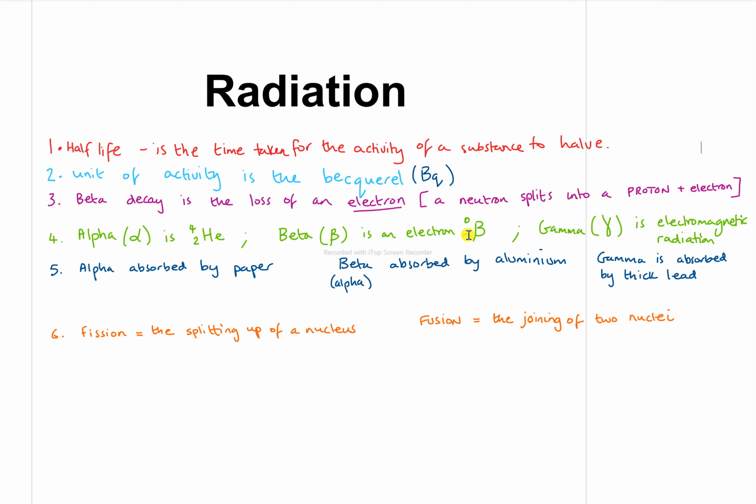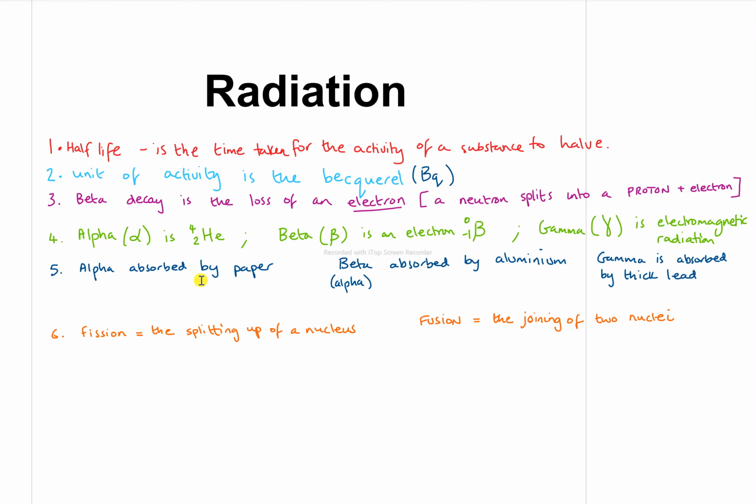But it's got a charge of -1. And then you've got gamma radiation, which has no mass, no charge, and is just a pure electromagnetic wave. So it's known as electromagnetic radiation.